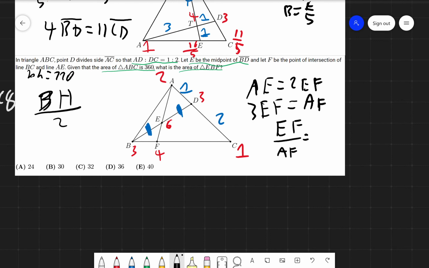So now that means, and because the height of BAF is the same as the height of ABC, which is lowercase h, that means that that is equal to capital H over lowercase h. And since we know that this is 1/3, this is equal to 1/3, right? So now that means that capital H is equal to h over 3. So we can substitute that in to get b lowercase h over 6.